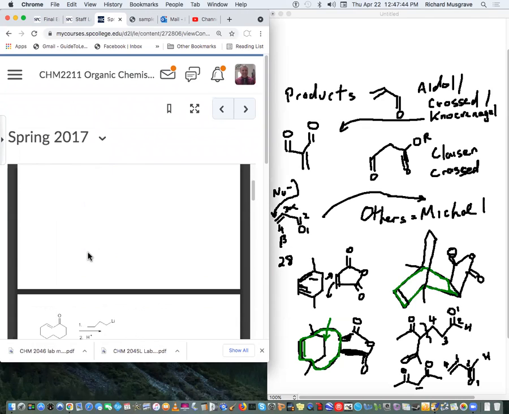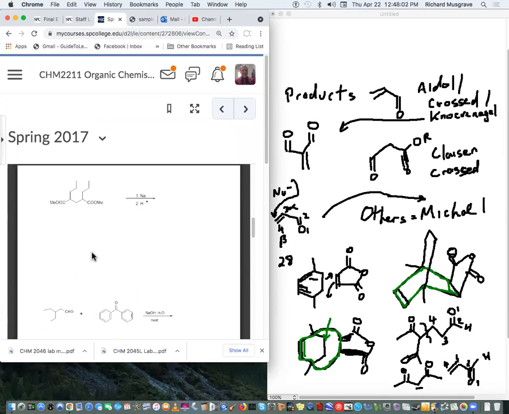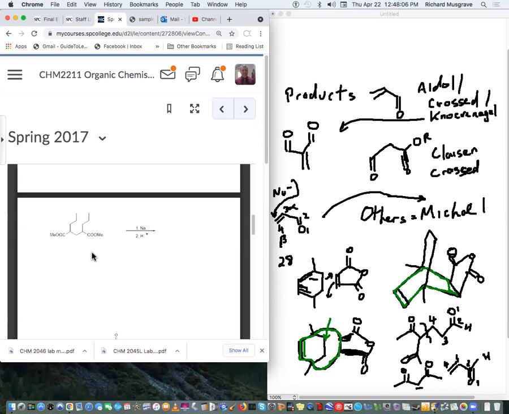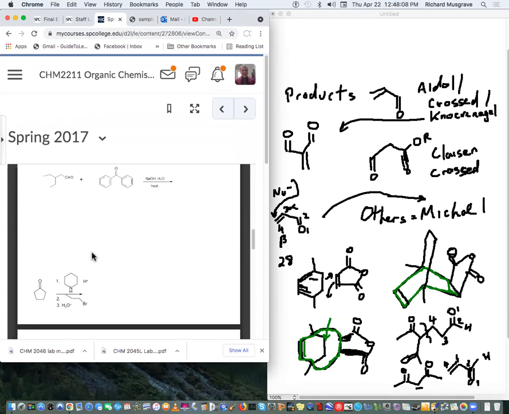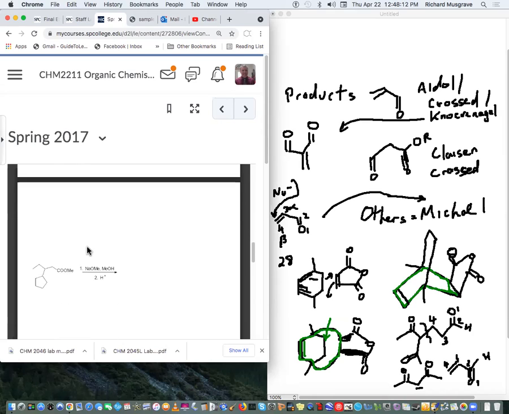This one here is a Michael reaction. This one here is a 1,2 addition. This one's a Knoevenagel, right? And I'll get to that in a second. Okay, right, that's a Knoevenagel. That's an acyl aldol, crossed aldol. That's an enamine assisted addition, and there's a Claisen there.